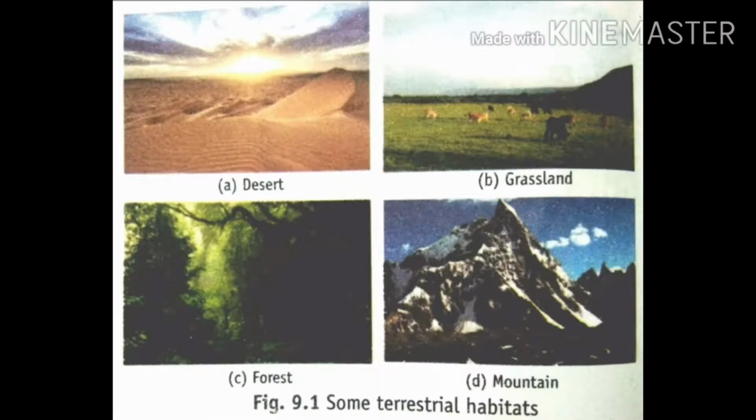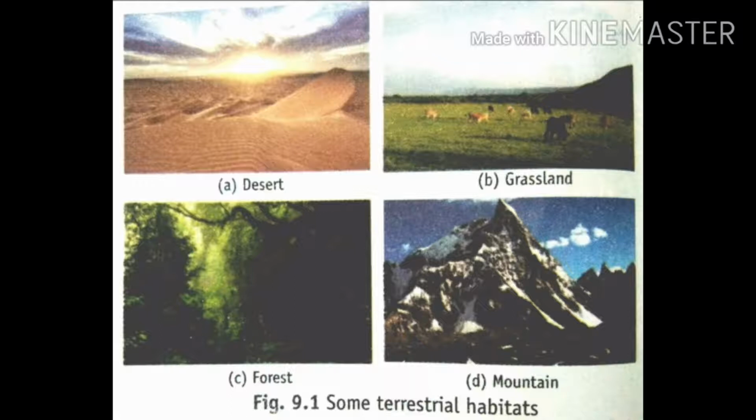Next we'll see types of habitat. Living things live on land, in water or on the trees. Based on this, we classify habitats into two types. One is terrestrial habitat, another is aquatic habitat. First we'll see terrestrial habitat.